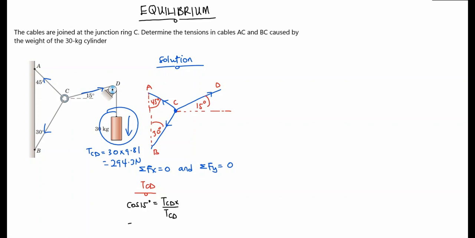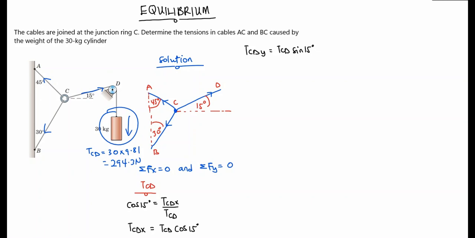So we're going to have TCDX equal to TCD cosine of 15 degrees, and TCDY equal to TCD sine of 15 degrees. This is what you're going to have.